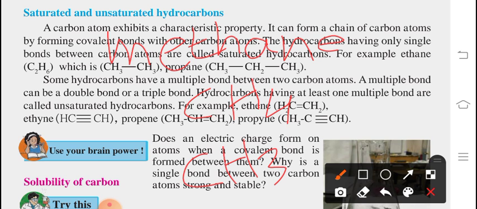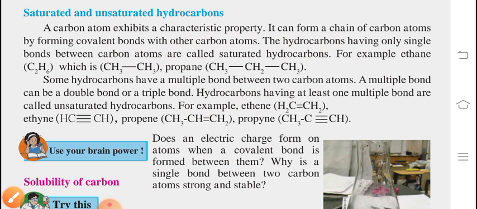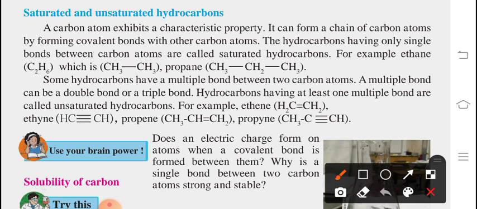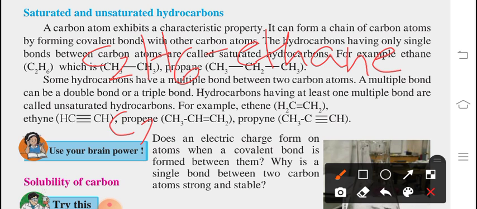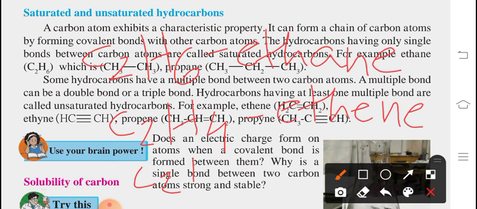And if we are changing the name based on decreasing number of hydrogen, then suppose we have C2H6, which is ethane, then C2H4 is ethene, and C2H2 is ethyne.